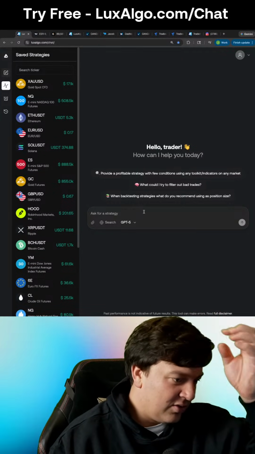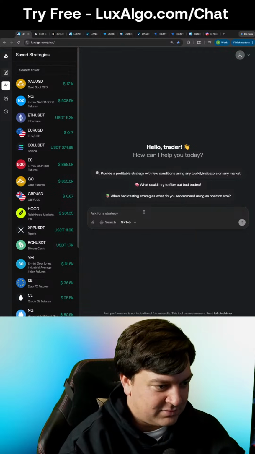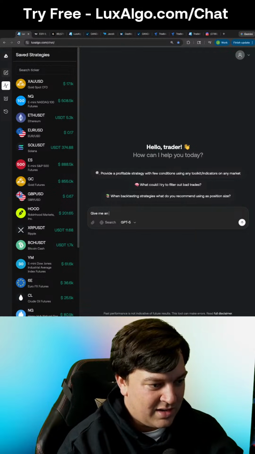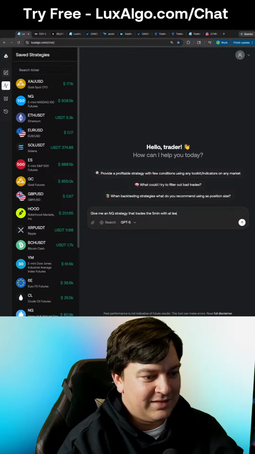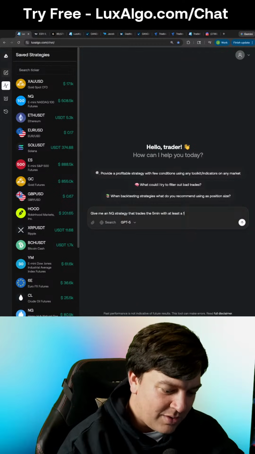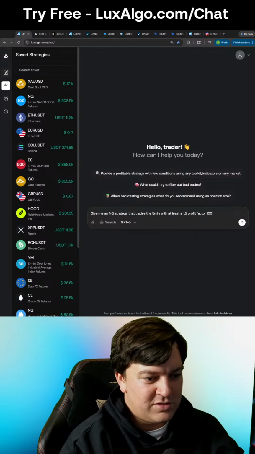We'll start with NQ. So like I said already, I like to start off with a prompt that says, give me an NQ strategy that trades the 5-minute with at least a 1.5 profit factor, 100 trades.